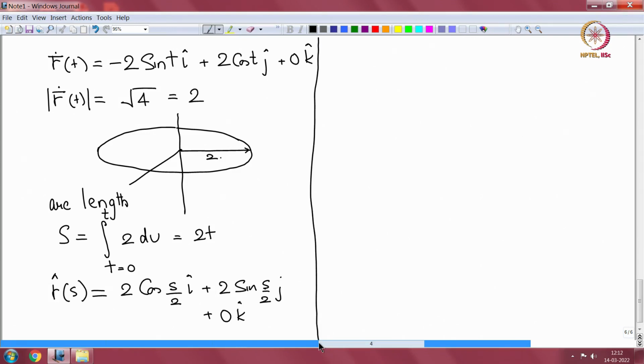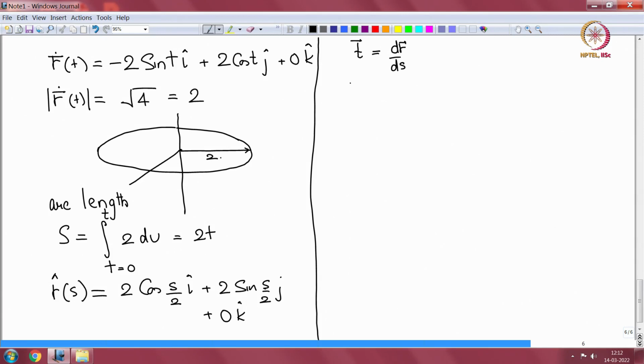Now we spoke of the unit tangent vector, which is dr/ds.